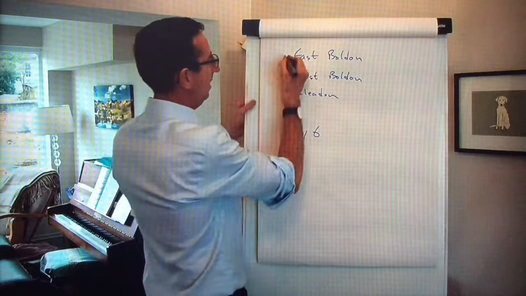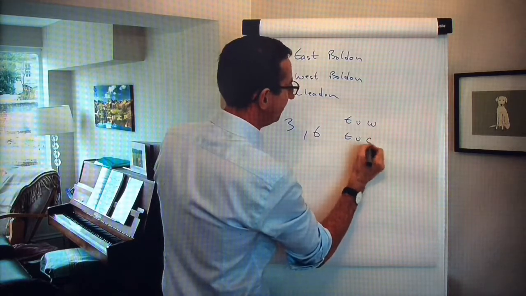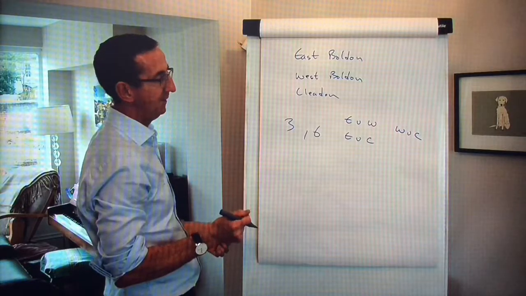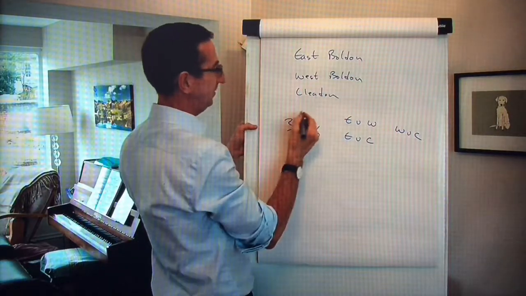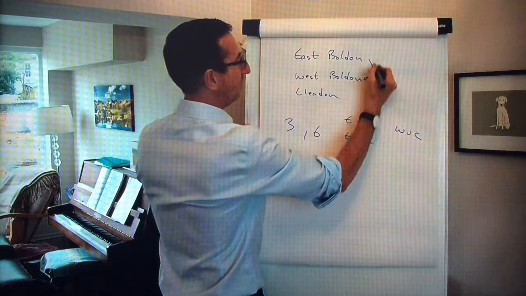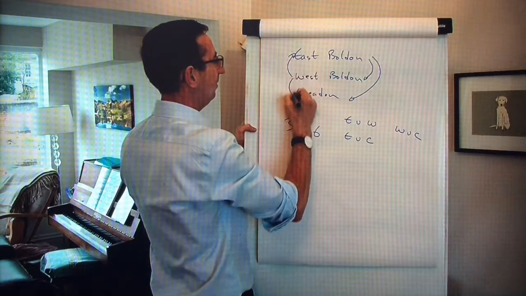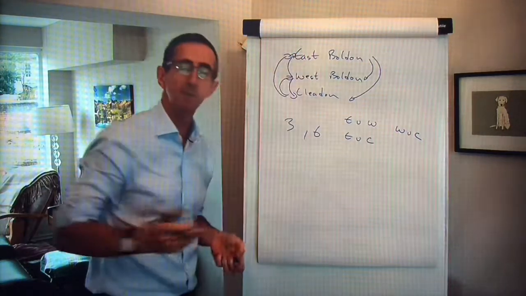Some will say East versus West, East versus Clevedon, West versus Clevedon. That's 3, they've all played each other. Some will then start to do other types of diagrams to show that East Boldon can play West Boldon, West Boldon can play Clevedon, West Boldon can play East Boldon, Clevedon can play West Boldon, Clevedon can play East Boldon.